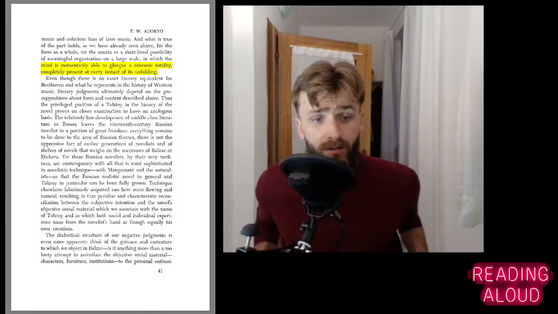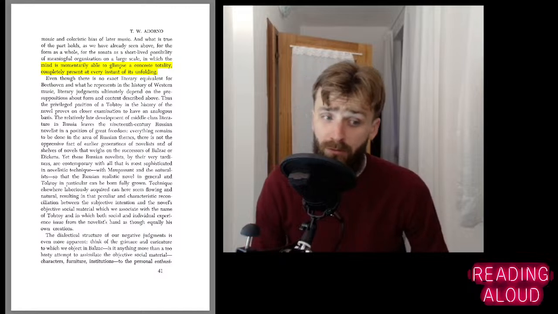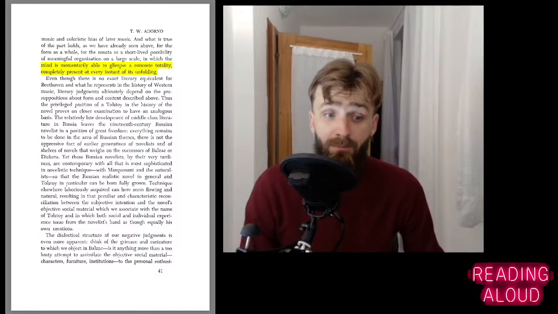There is not the oppressive fact of earlier generations of novelists and of shelves of novels that weighs on the successors of Balzac or Dickens. Yet these Russian novelists, by their very tardiness, are contemporary with all that is most sophisticated in novelistic technique, with Maupassant and the naturalists, so that the Russian realistic novel in general, and Tolstoy in particular, can be born fully grown.